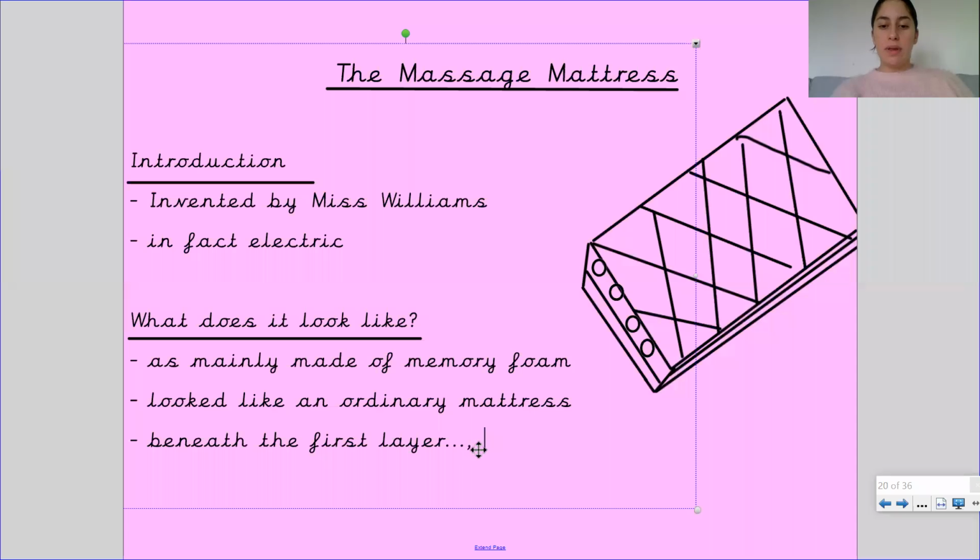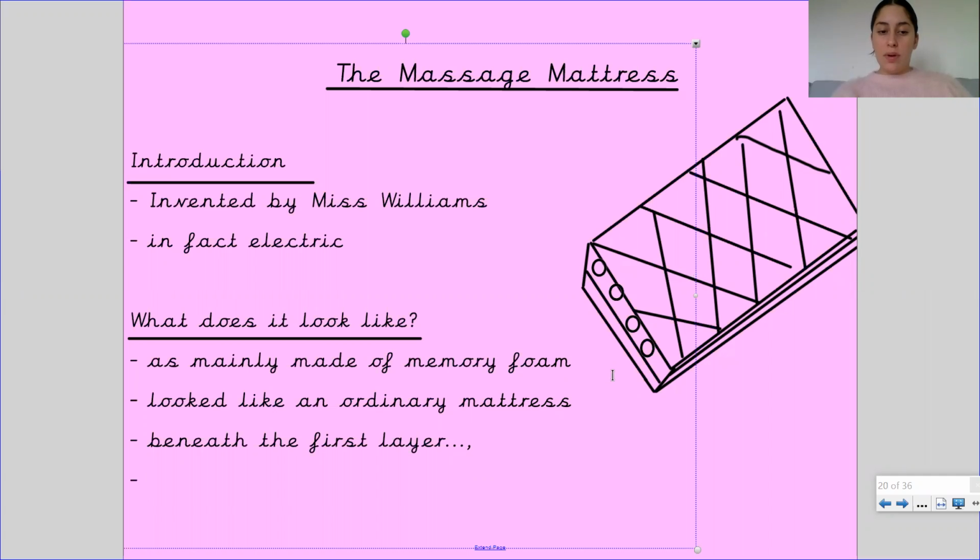Now I need to remember that I also need to include some descriptive language. So this is the part that I'm going to use my descriptive language. How am I going to describe what can be found underneath or beneath the first layer?